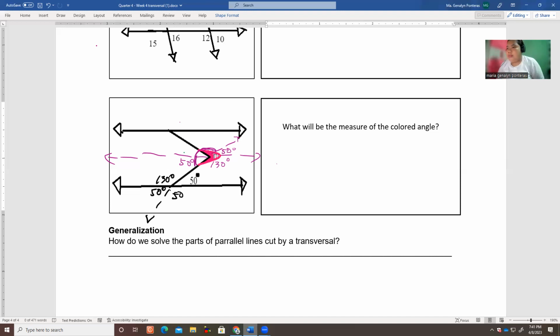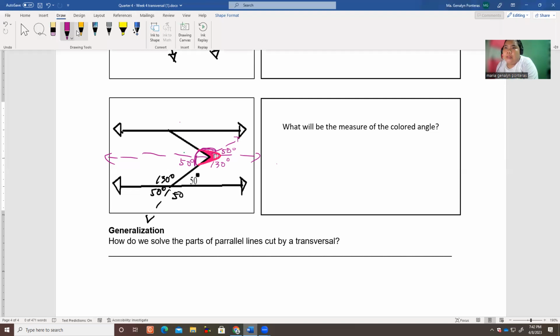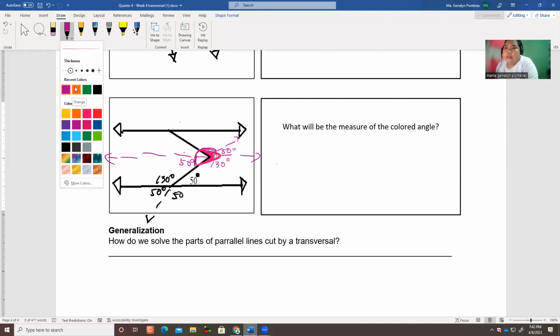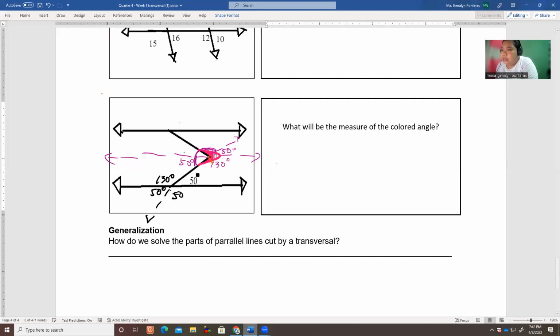How are we going to look at this one? If I'm going to draw again, okay, let's just draw now. I'm going to draw again like this.